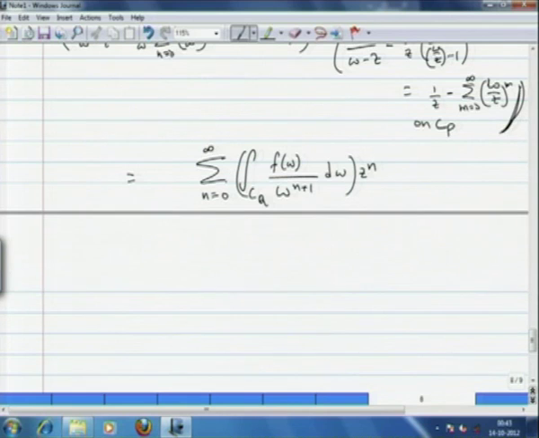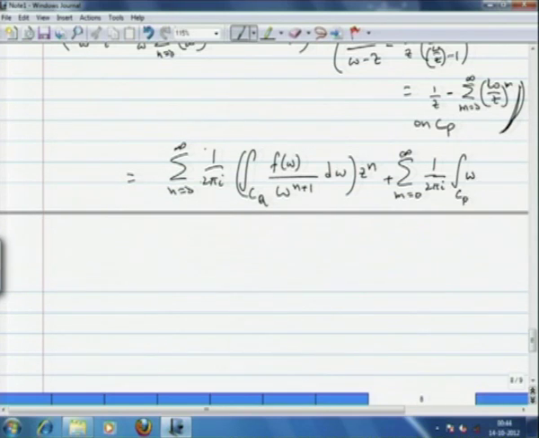So, I will write n equals 0 through infinity 1 by 2 pi I, okay, and then plus sigma m equals 0 through infinity 1 by 2 pi I times integration over C p of w power m f of w dw, and then I will write simply divide by z power m plus 1.